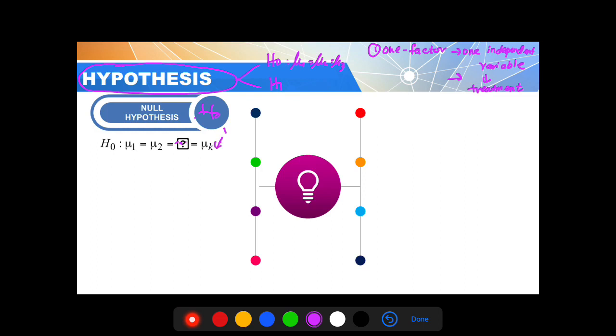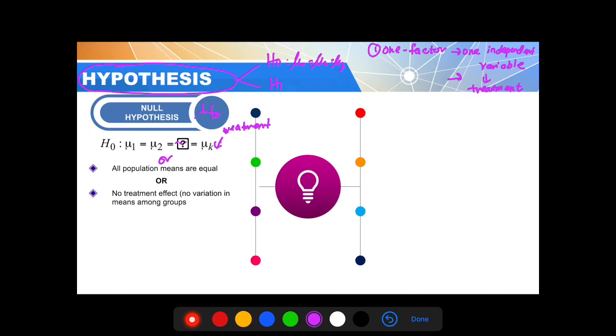K here refers to how many treatments you have. Or you can write down: all population means are equal.